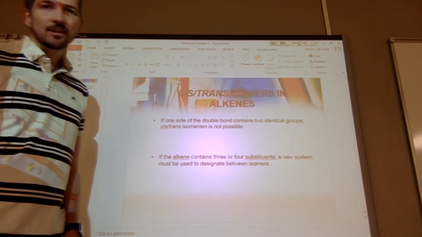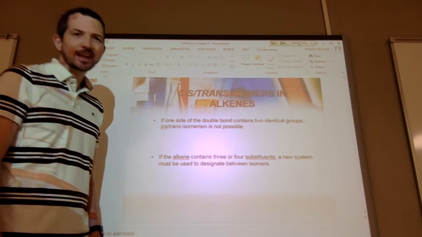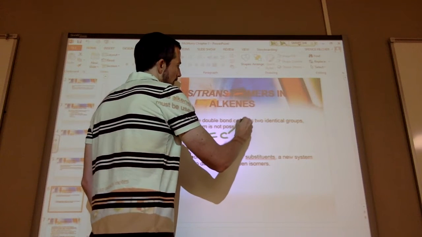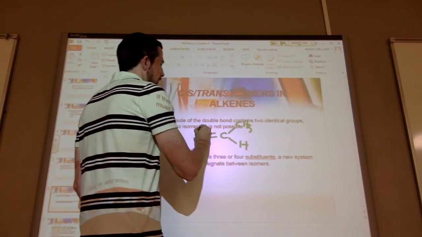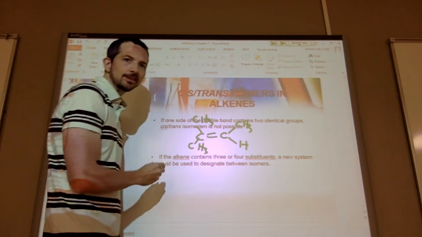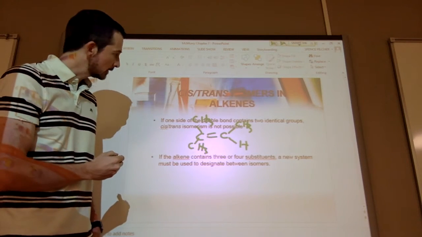If one side of the double bond contains two identical groups, cis-trans isomerism is not possible. So in this example, this carbon has two of the exact same groups.